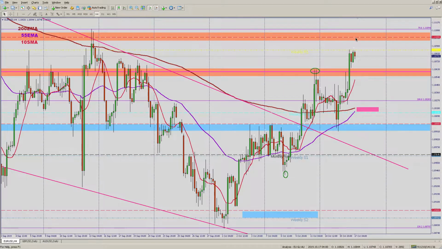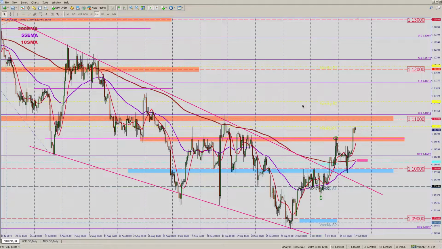So the next key resistance zone is at the next round figure at 111. And further than that, if there's further good news, the next weekly pivot is the weekly R2 at 111.35.